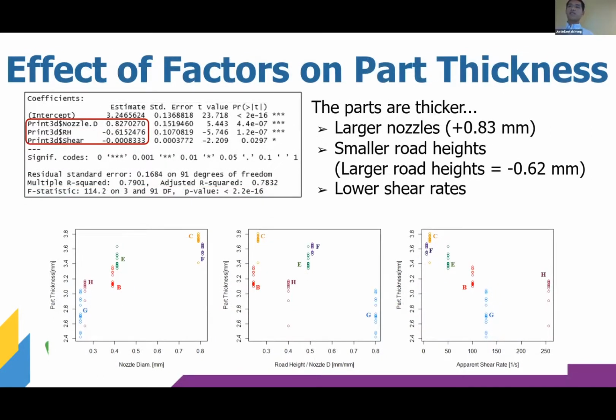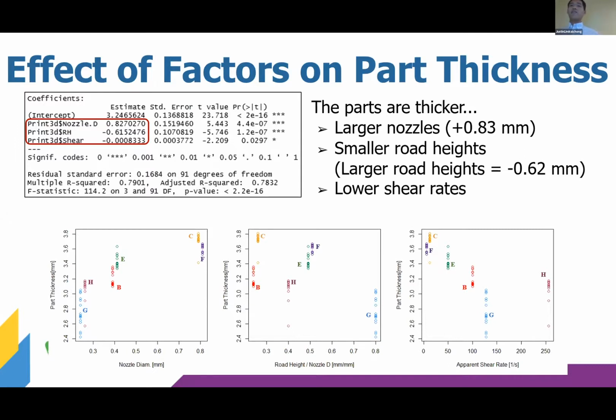In terms of thickness, you see similar results where, again, with larger nozzles, since you're depositing more material, you see a larger thickness in some sense, even though you have the same dimensions for the same parts.